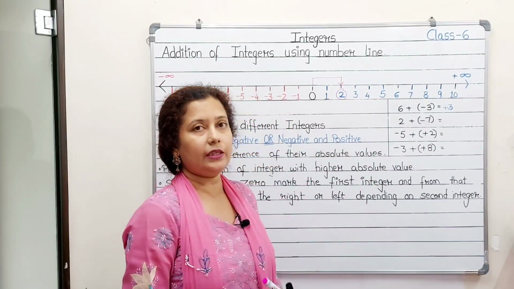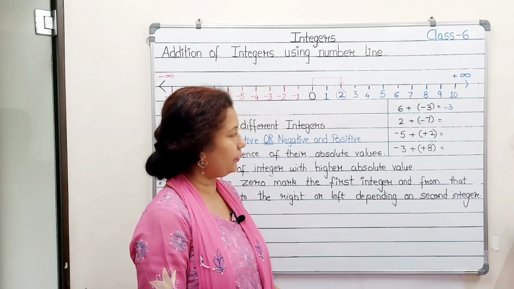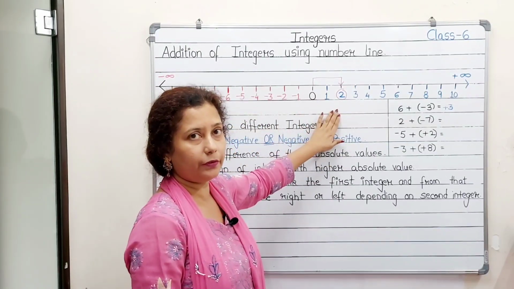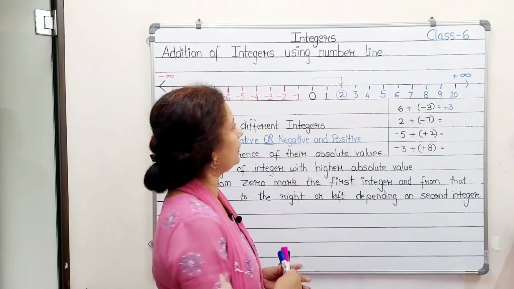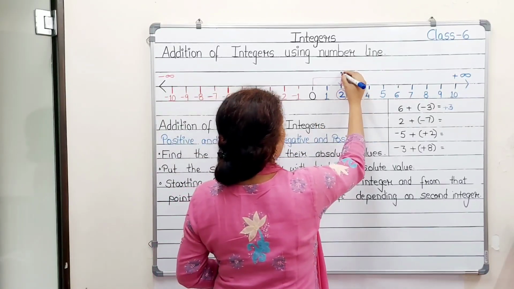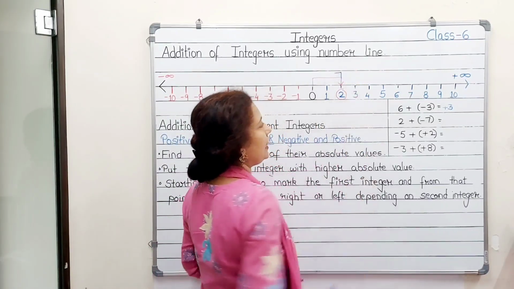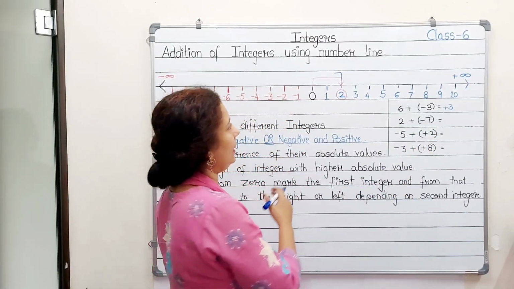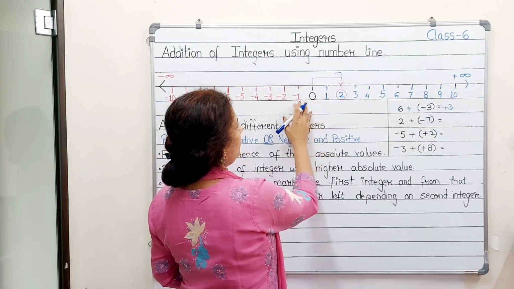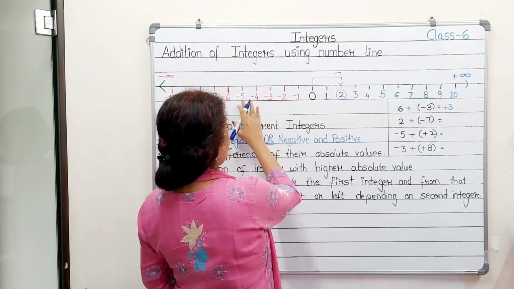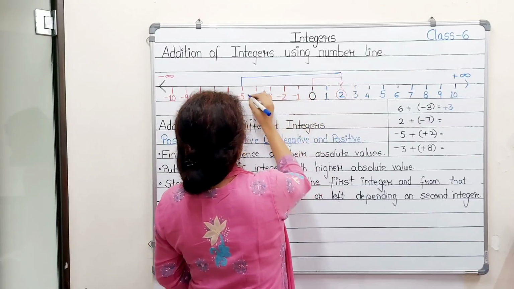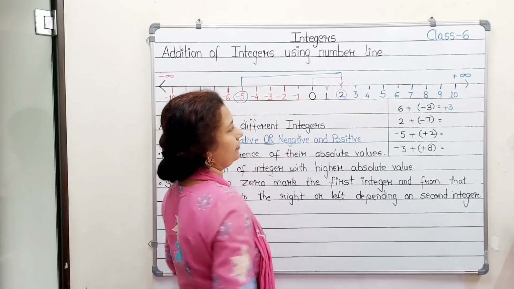Now the second integer is negative, so we have to move to the left hand side of the first integer which we have marked. The first integer we have marked is 2, so we will start from here and move 7 units to the left hand side. 1, 2, 3, 4, 5, 6, 7. So here the answer is minus 5.